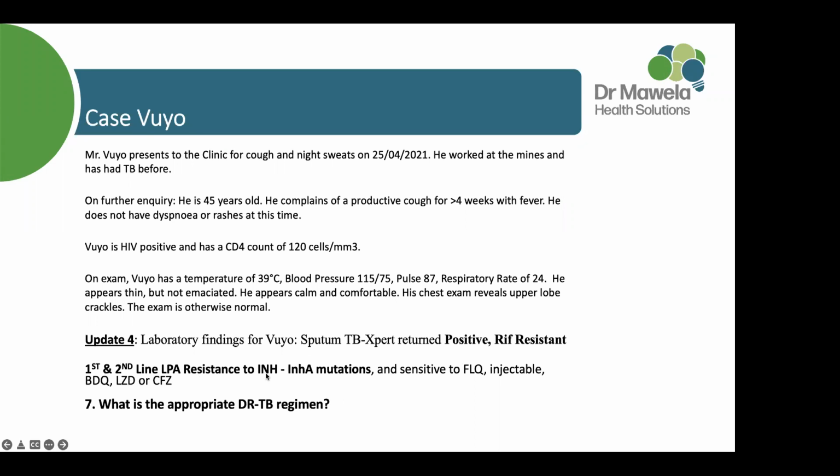So everything is okay, except that we've got one mutation, your low risk mutation, your inhA mutation. Now let me see. Based on the profile that I've just shared with you, what is the appropriate regimen for Vuyo? What is the appropriate regimen for Vuyo?